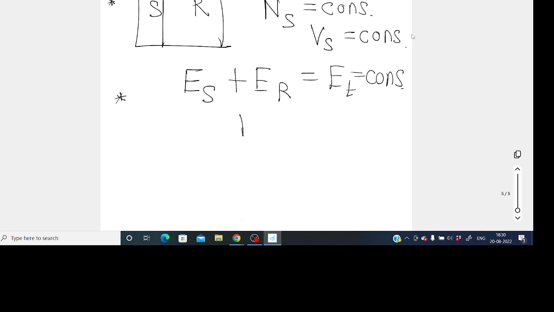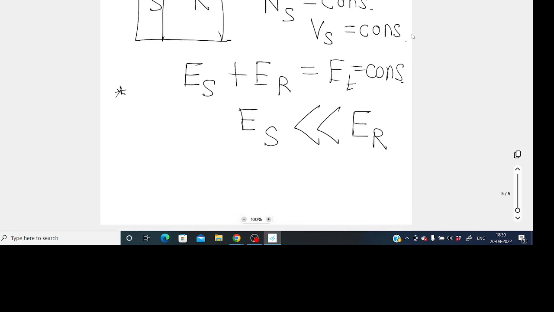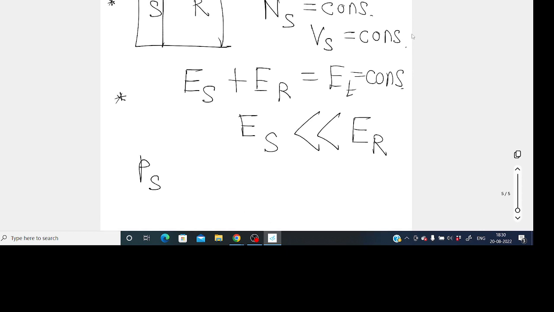Okay, here this system S is much smaller than the reservoir R, so we'll assume that E_S is much smaller than E_R. So the probability of finding the system with a particular energy E_S, which I will denote by P_S, will be proportional to the number of microstates of the reservoir with the energy E_R.